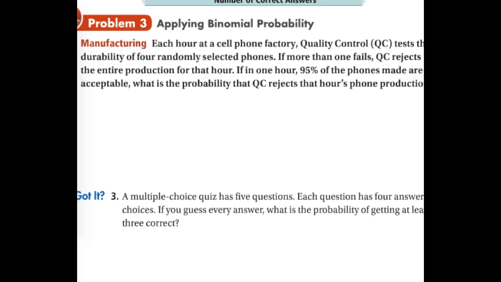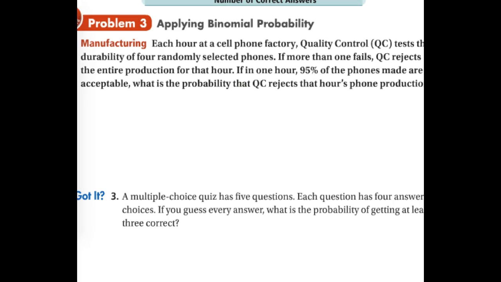Question 3 is going to mess with your minds a little bit, but we can handle it. We're intelligent. It says, each hour, a cell phone factory quality control tests the durability of 4 randomly selected phones.